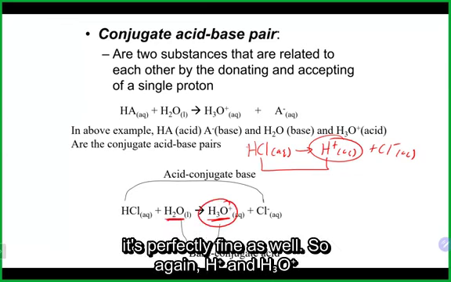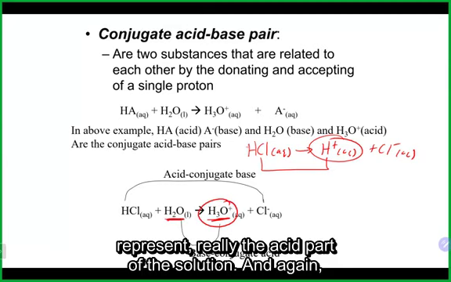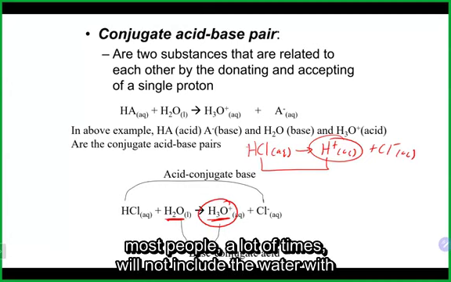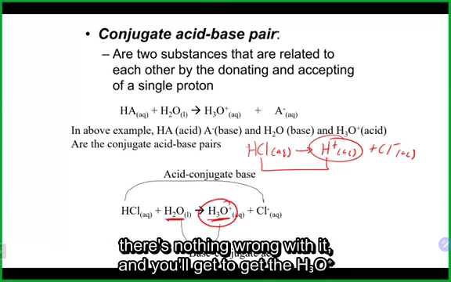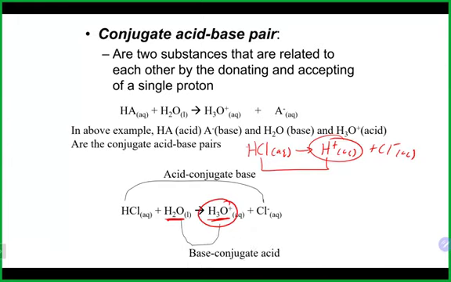So H plus and H3O plus really represent the acid part of the solution, and they're used interchangeably. Most people a lot of times will not include the water with the acid breaking apart in water. But if you do, there's nothing wrong with it, and you'll just get the H3O plus versus H plus. Any questions on that?